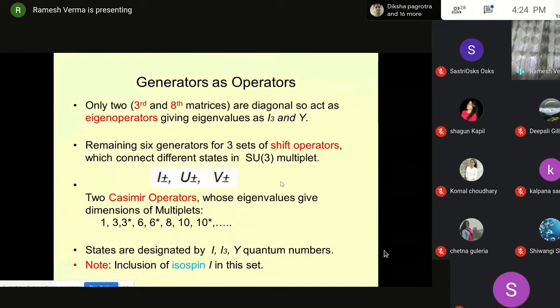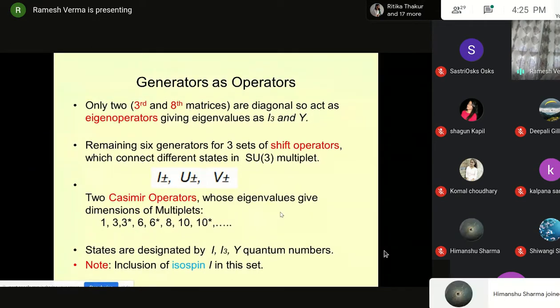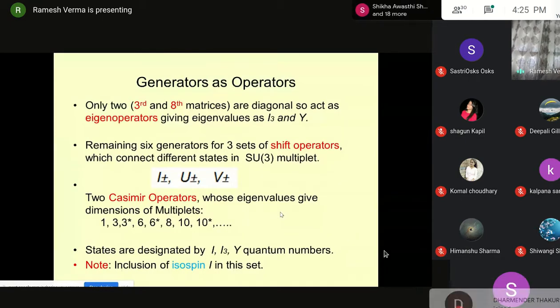In this way, one can generate 2 Casimir operators. This is analogous to L square in the orbital angular momentum analysis, whose eigenvalues give the dimensions of the multiplet. Remember, the multiplicity in the case of angular momentum is given by the eigenvalue of the Casimir operator L square. L square eigenvalues are L into L plus 1, and using that L, we obtain the multiplicity as 2L plus 1. The same thing is true about spin and also for isospin.